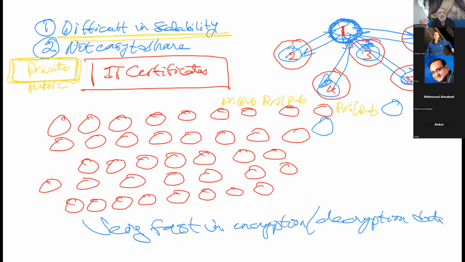It's public. When today I want to send to Prem, and unfortunately I forgot his key to encrypt data to send it to him, I can log into the internet and search for it and download it, or I can send him a message on WhatsApp or email, please send me your public key, or whatever the way. It's very easy to get the key, do the encryption, and send the message to him.